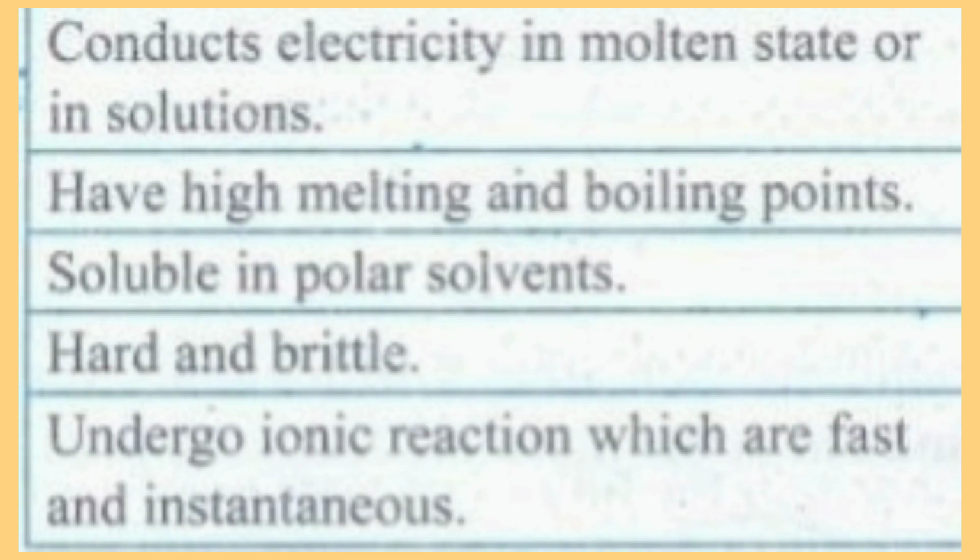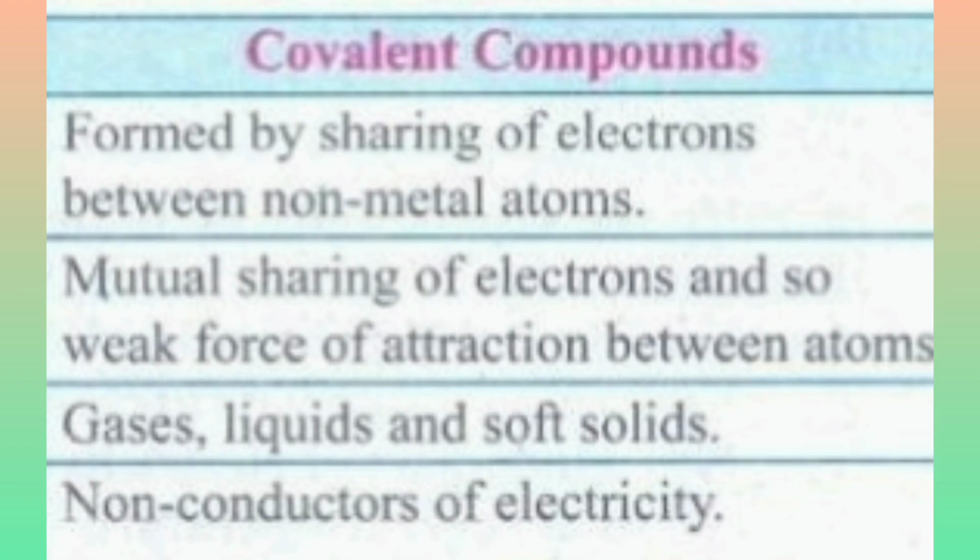Next, fourth point, conducts electricity in molten state or in solutions. Fifth point, have high melting and boiling points. Sixth, soluble in polar solvents. Seventh, hard and brittle. Eighth one, undergo ionic reactions which are fast and instantaneous.